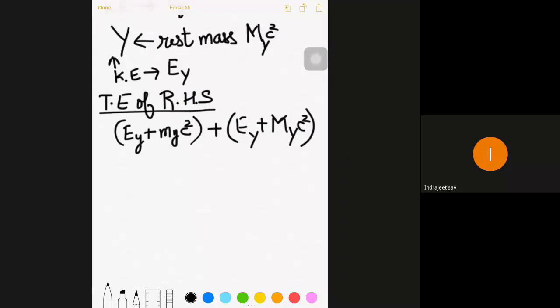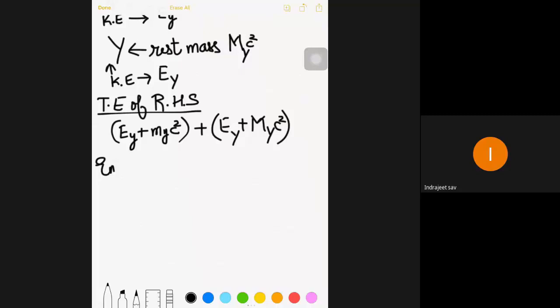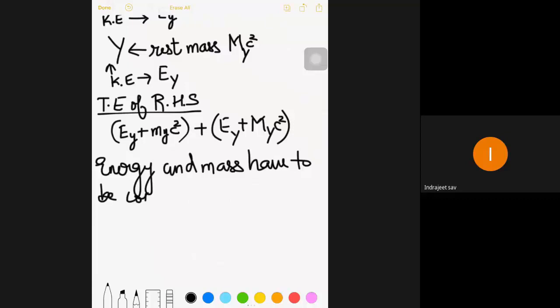Now, since energy and mass have to be conserved, these two have to be equal. The total energy on the left hand side and the total energy on the right hand side have to be equal.